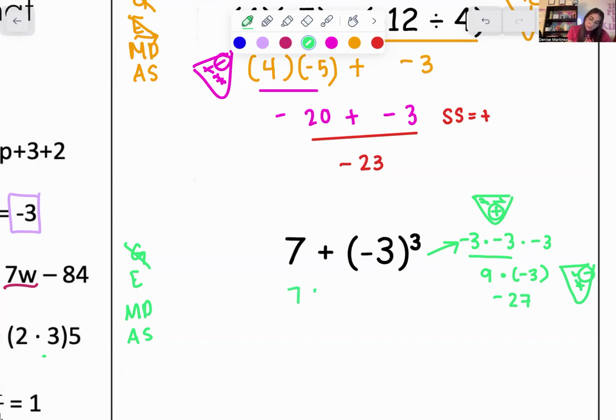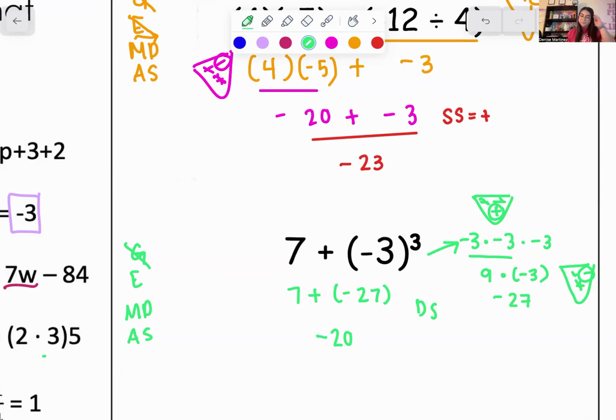So now I'm at 7 plus negative 27. I know that these are different signs, so I know it's 27 minus 7, and that would get us 20. I know that 27 was larger, so that means there's more negatives, so it's a negative 20.